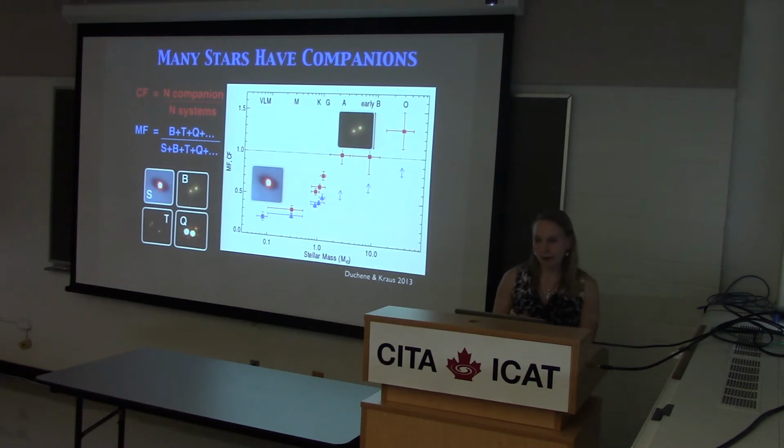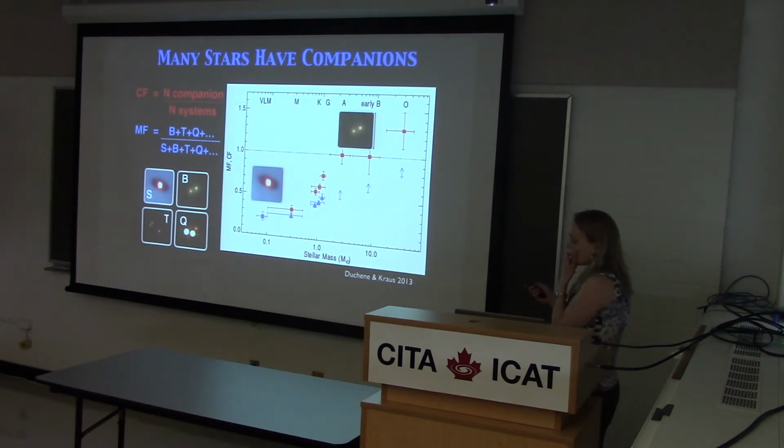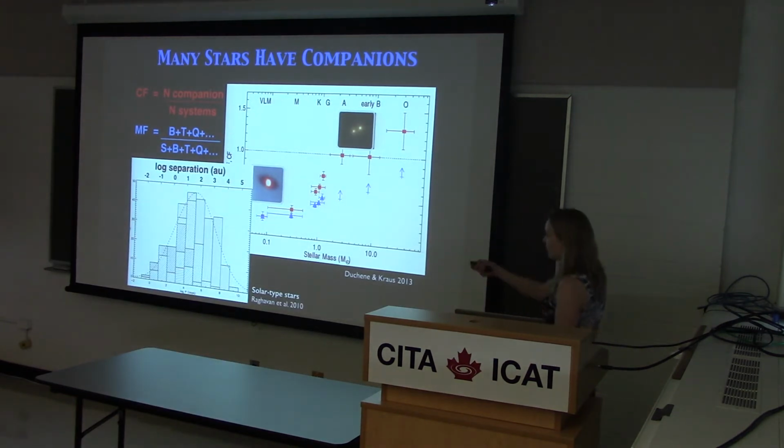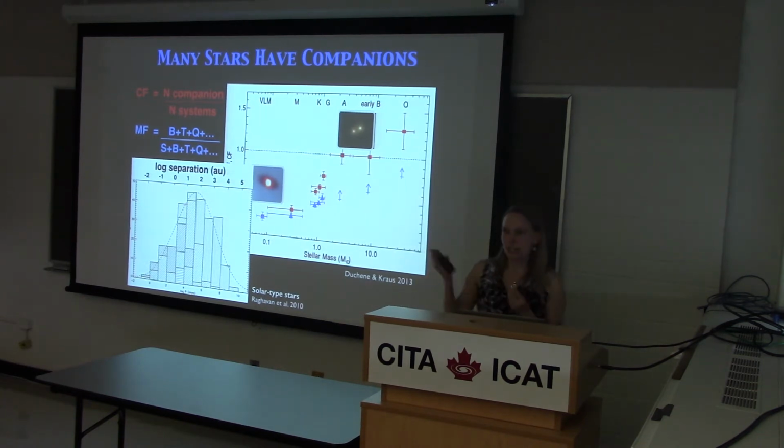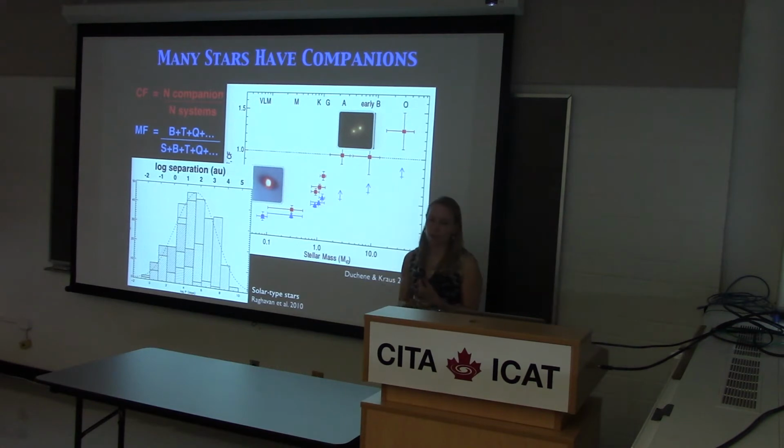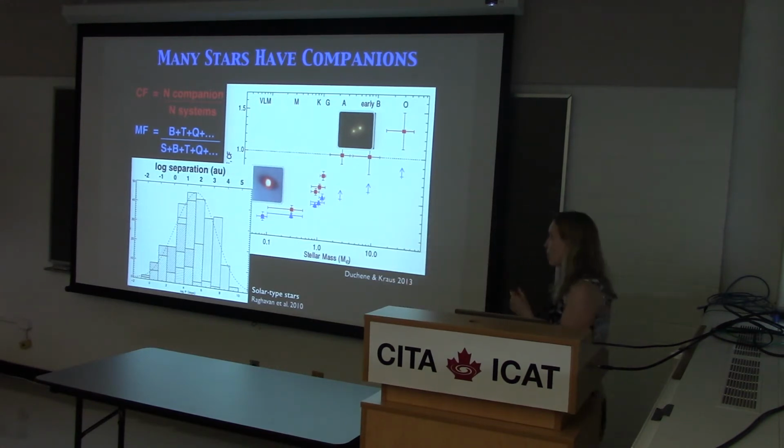You can also ask about the distribution of separations. It looks like this, with a peak of about 50 AU. This is a nice log normal, but as we know, log normals can hide lots of interesting physics. So we'd like to look at this at the earliest possible time, before dynamics and other processes have played a role in shaping and changing the distribution.